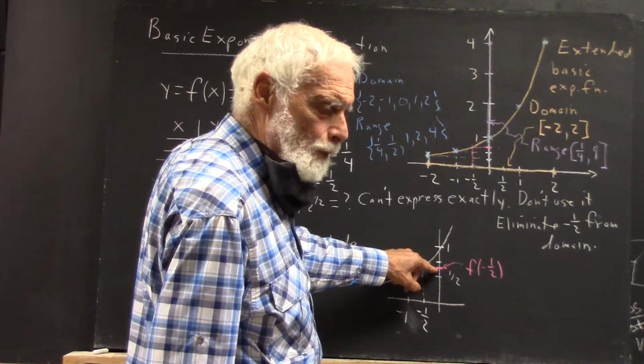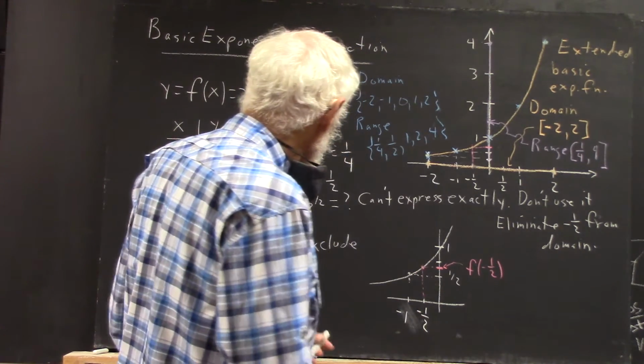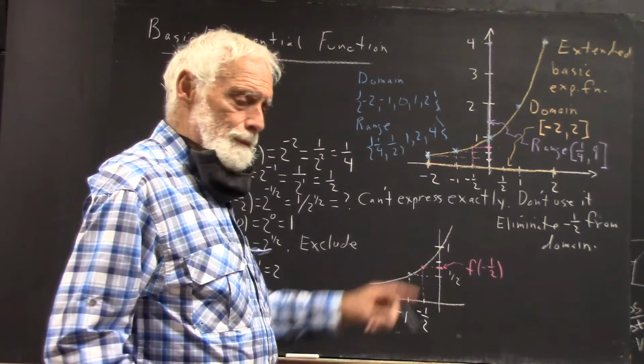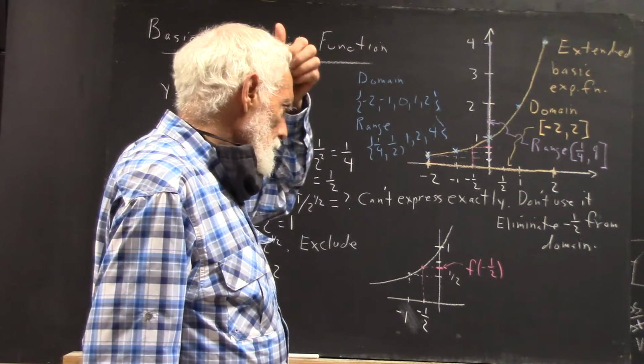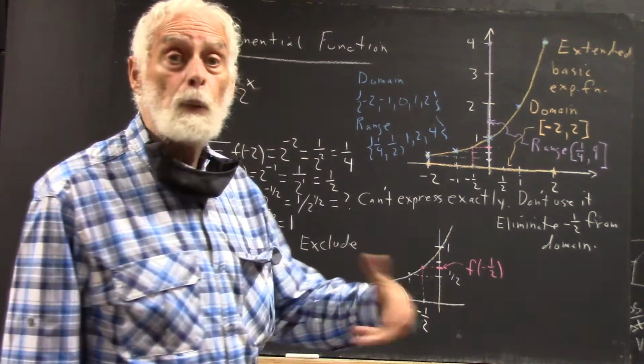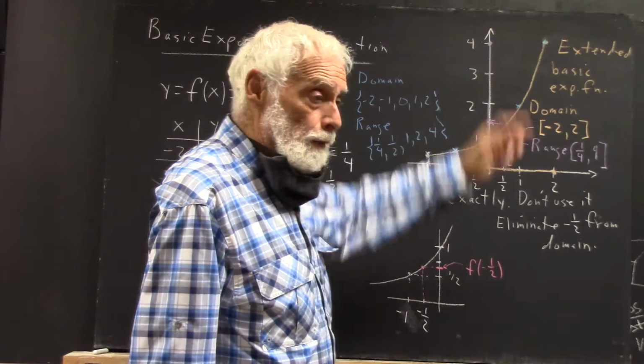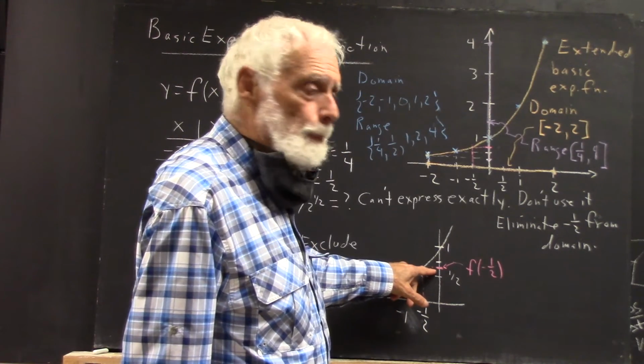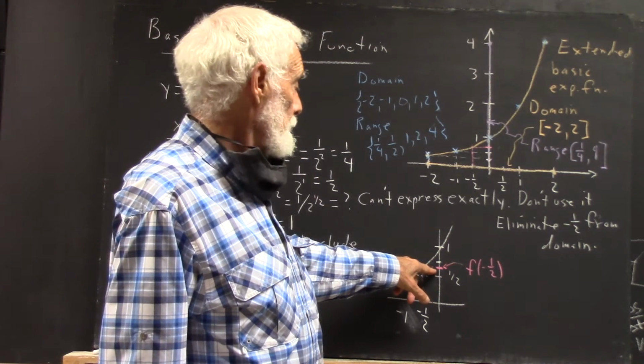So from where this point is, we estimate that the value of 2 to the -1/2 would be about 0.7. And it turns out that's quite close. If you draw this curve carefully, you'll almost inescapably come up with the estimate of 0.7.